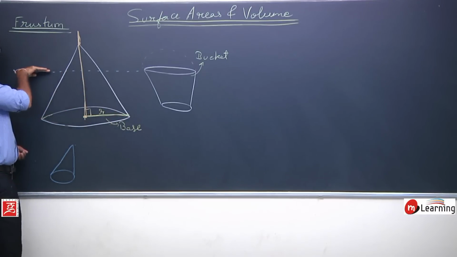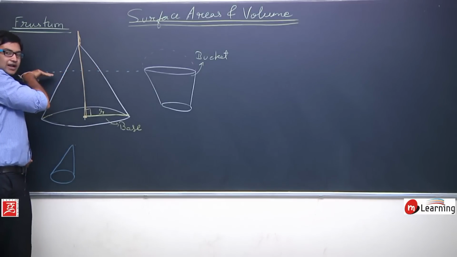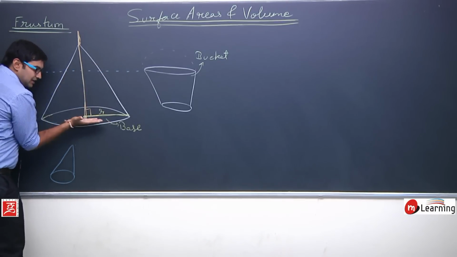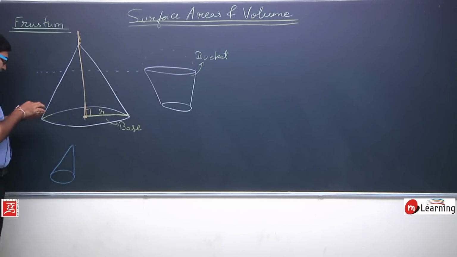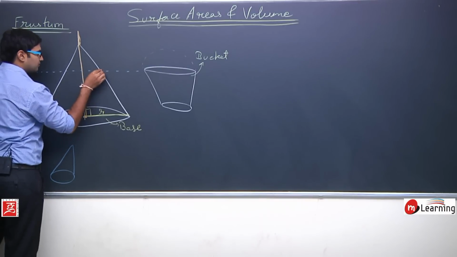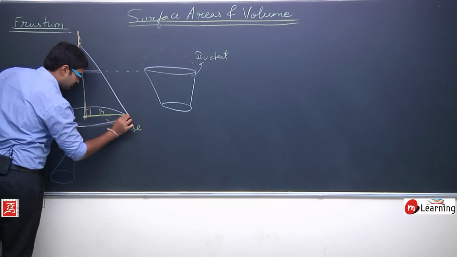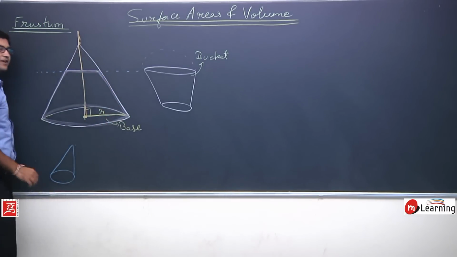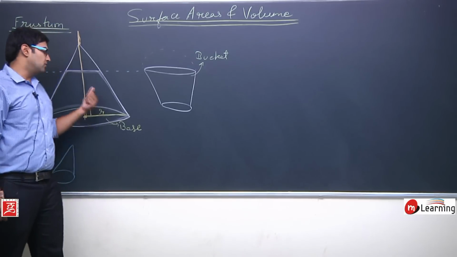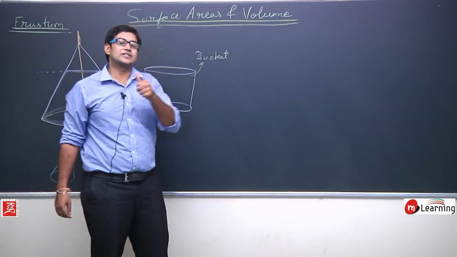If I take a scissor and cut this paper cone like this, in a way that the cut is parallel to the base of the cone, then the figure formed is known as a frustum.